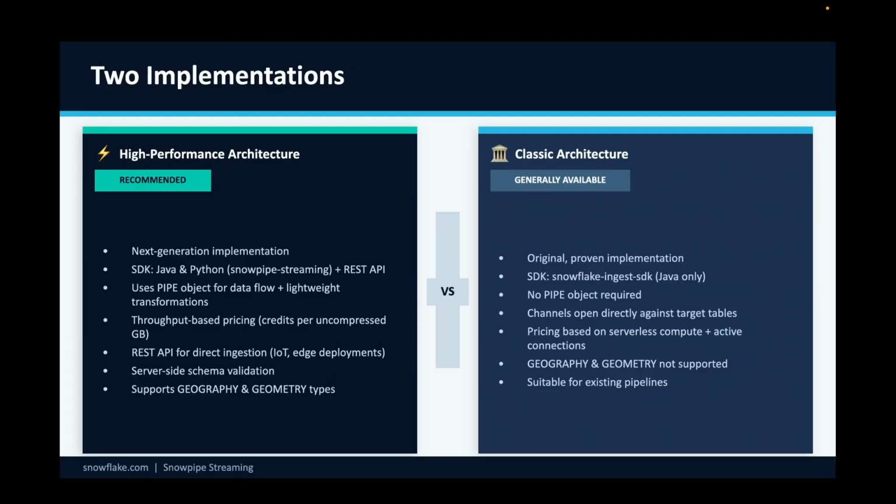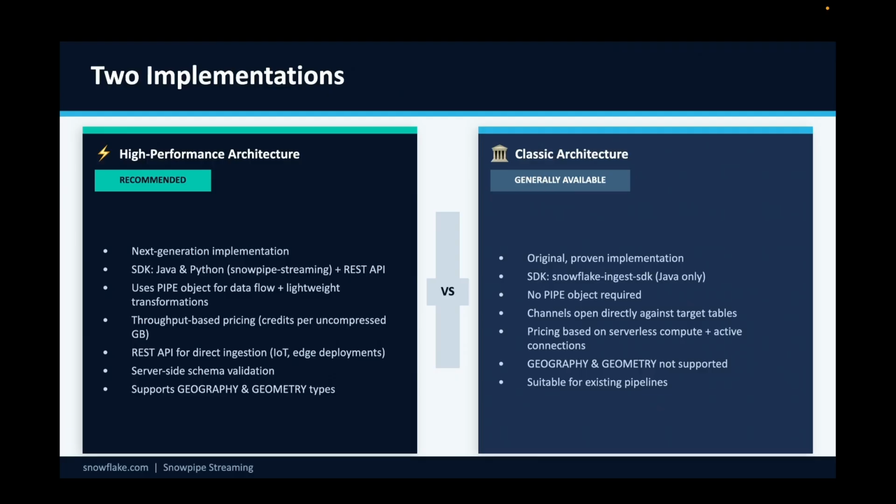There is a change in the pricing model. It is throughput based pricing, credits per uncompressed GB. REST API for direct ingestion, for example, IoT edge deployments. Server-side schema validation. It also supports geography and geometry types.